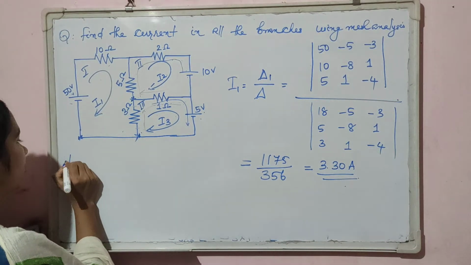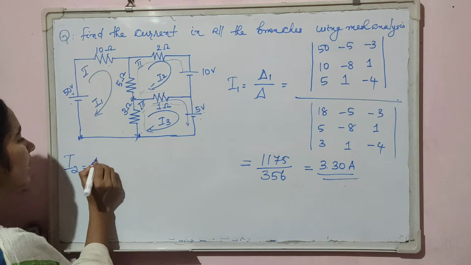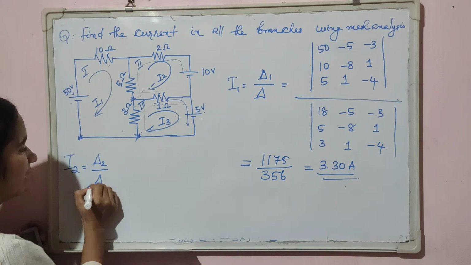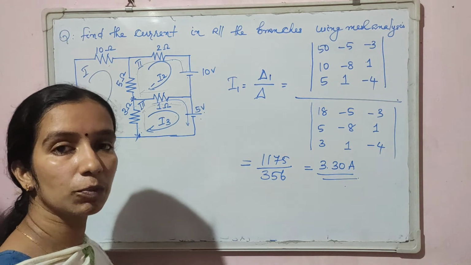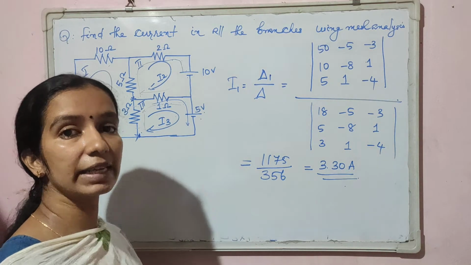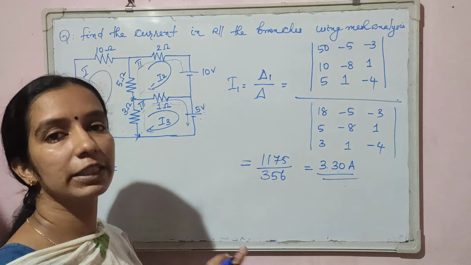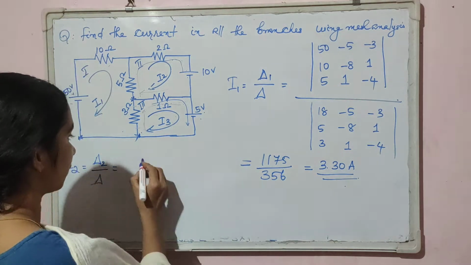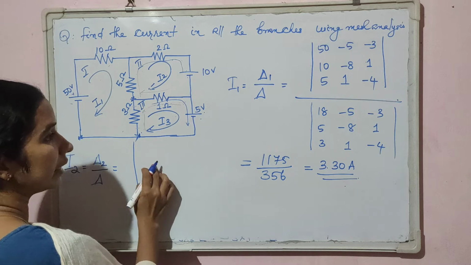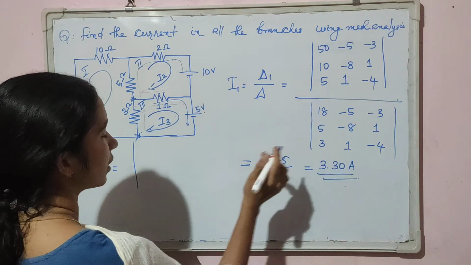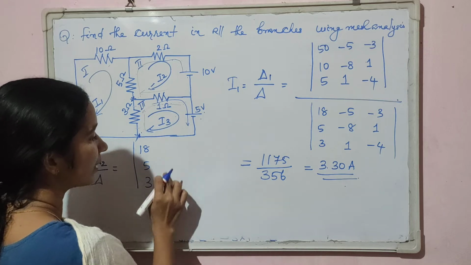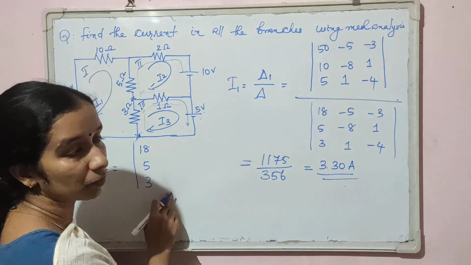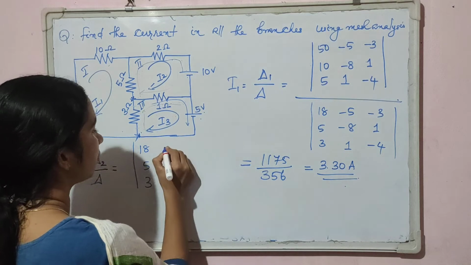I2 will be equal to delta 2 divided by delta, where delta 2 is the determinant of that matrix which is obtained by replacing the second column of the resistance matrix by the voltage matrix. So write the resistance matrix, that is 18, 5, 3, and instead of the second column, write the voltage matrix, that is 50, 10 and 5.